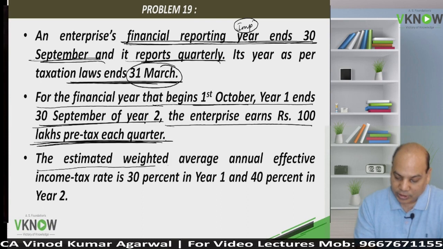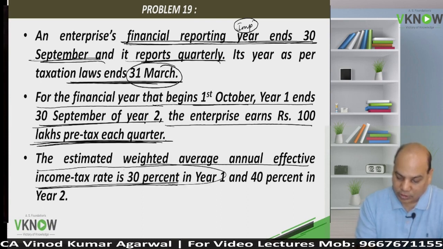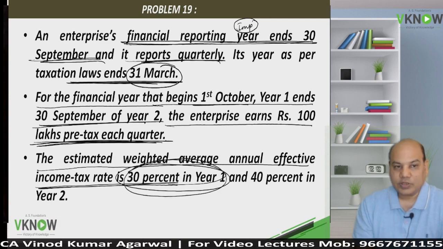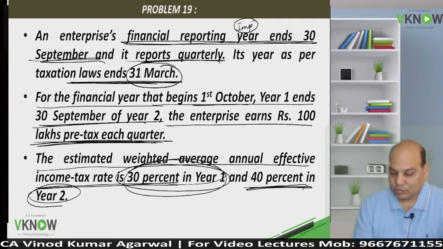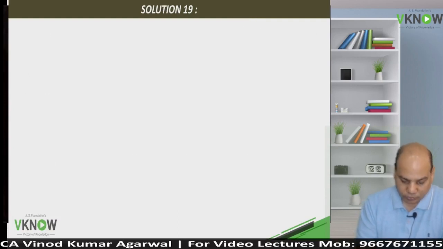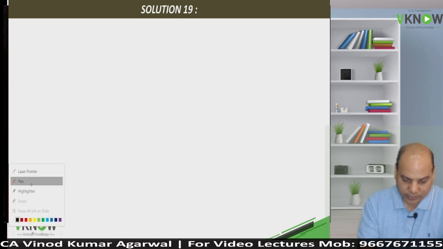The estimated weighted average annual effective tax rate is 30% in year 1. First tax year tax rate is 30%. The second tax year the rate is 40%. Now see what is happening.